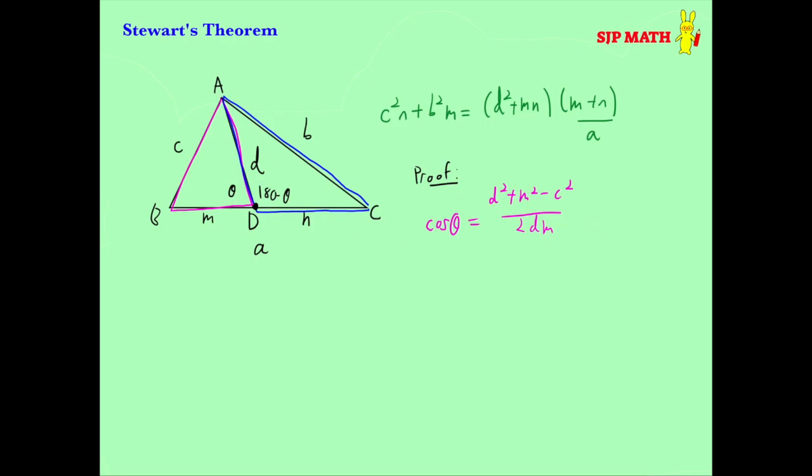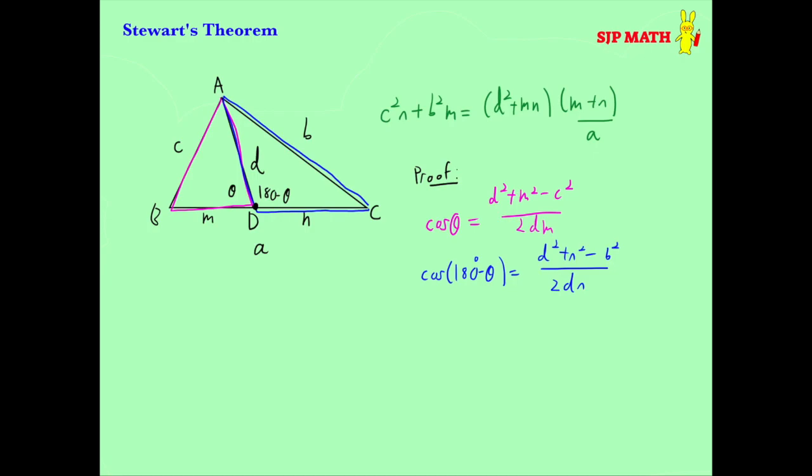And for the blue triangle, by the cosine formula, cosine of 180 minus theta equals d squared plus n squared minus b squared over 2dn. You can see these two equations have some similarity, so we might get something out of this.